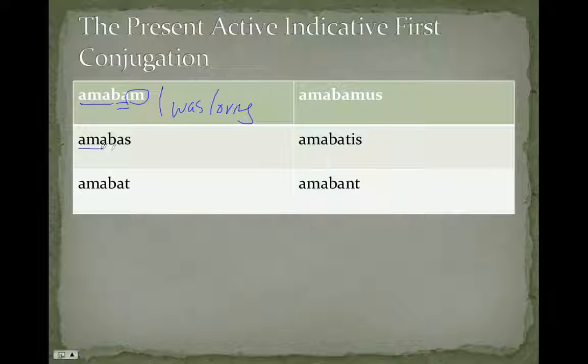Amabas, you were loving, and amabat, stem, tense marker, ending. Notice the endings are similar to the present tense. And this should actually say the imperfect active indicative first conjugation, not the present.